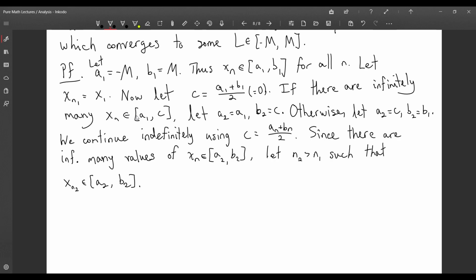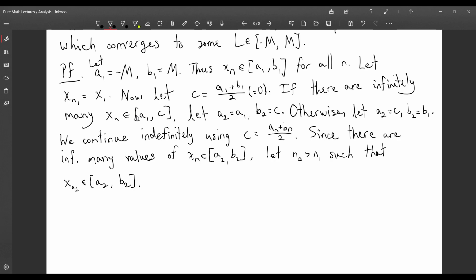If n sub 2 didn't exist, that would imply that the only possible values for x sub n being inside of this interval would be 1 through n sub 1, which is finitely many.